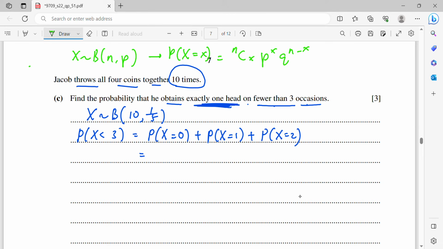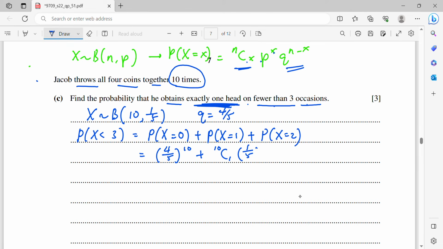Alright. So now by using this formula, the first one is going to be, okay, because x equals to 0, so any value C0, it will be 1. Then p power 0 is also 1. Alright, so we just need to count the q. So now your p is 1 over 5, that means your q is 4 over 5. So now I will write 4 over 5 to the power of 10, because no success means that all 10 are failures, plus 10C1, only one success.